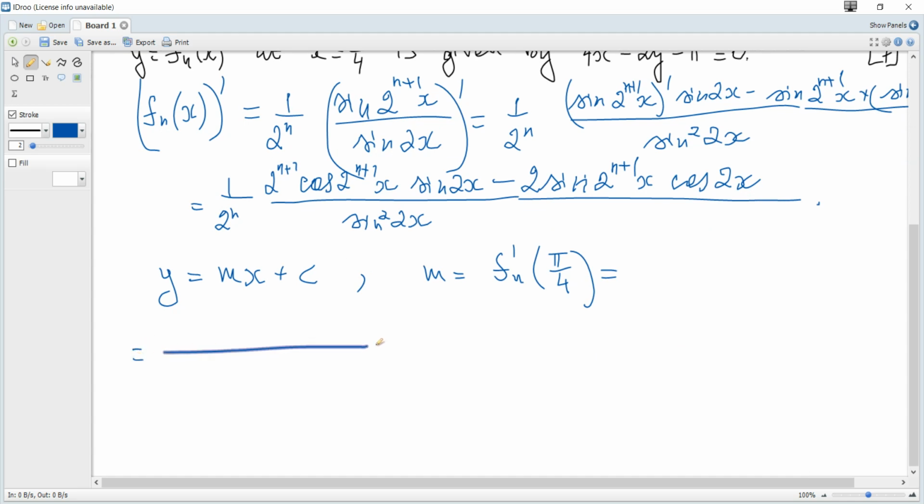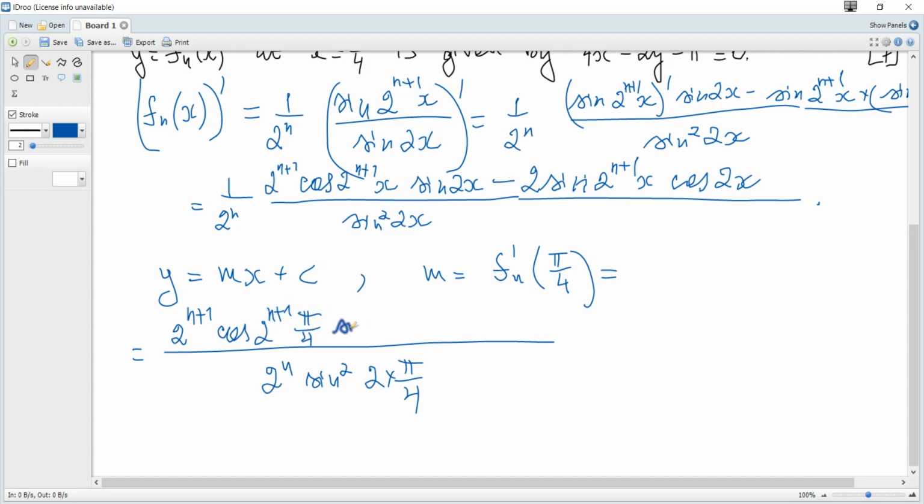So it becomes 1 over 2 to the power of n, or actually the 1 is not required, sine squared of 2 multiplied by pi over 4, 2 to the power n plus 1, cosine of 2 to the power n plus 1 times pi over 4, and sine of 2 times pi over 4 minus 2 times sine of 2 to the power n plus 1 times pi over 4, cosine of 2 times pi over 4.